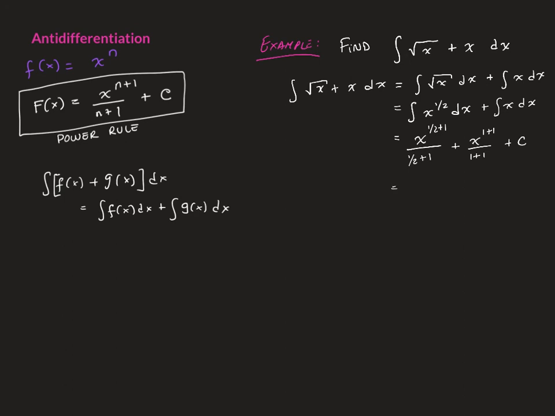Then this is equal to x to the power of 3/2 divided by 3/2 plus x to the power of 2 divided by 2 plus c. So my final answer for this integral is going to be 2/3 x to the power of 3/2, in a square root, plus x squared over 2 plus c.